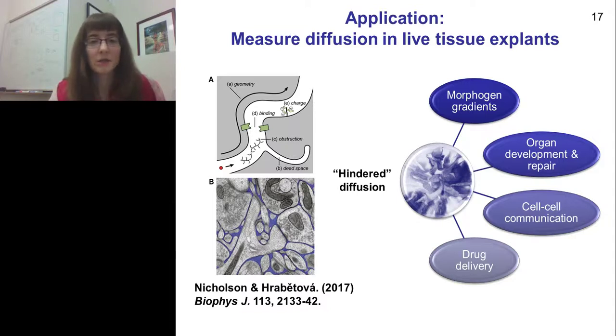And this has consequences ranging from development and repair of organs to the paracrine signaling between cells, and importantly to drug delivery. As you think about a drug that has exited the bloodstream and needs to travel several hundred microns before it reaches, say, a tumor or a region of interest in the tissue, it's doing that by diffusion.